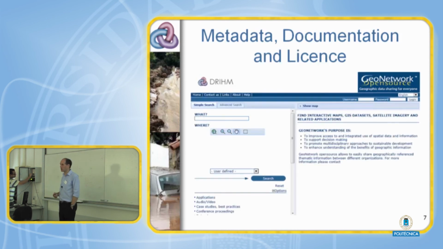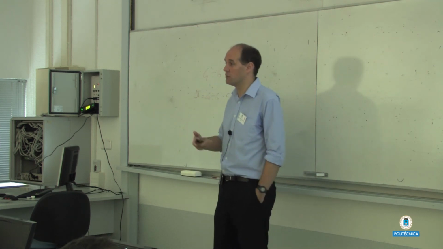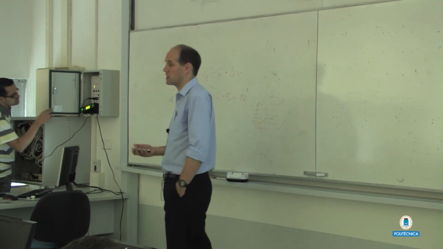This is the DRIHM catalog. We'll have a look at this later. It's an instance of the GeoNetwork open source cataloging tool for the standard ISO 19139 for describing spatial data sets. What we've done is we've extended it to describe models and model data sets, based on the observation that essentially models and model results are a geospatial data set.